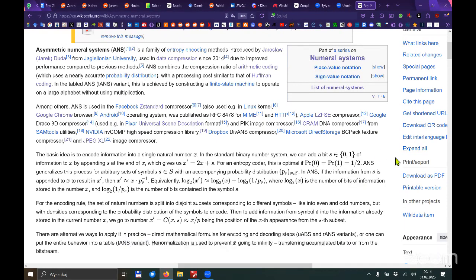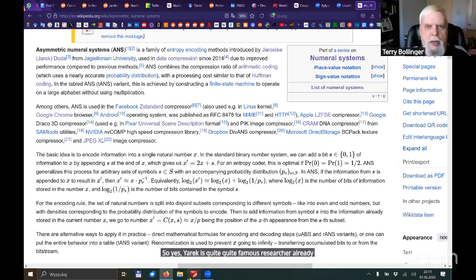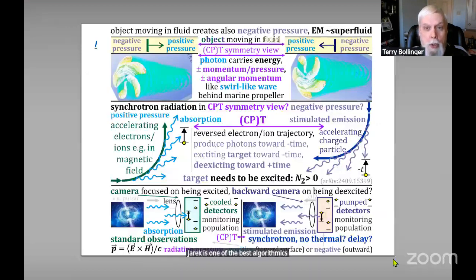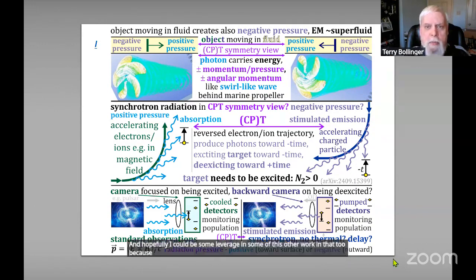So yes, Jarek is quite a famous researcher already. Jarek is one of the best algorithmists in the world. Jarek, you've done stuff I haven't seen from anybody, so it's just amazing. And hopefully that could be some leverage in some of this other work too, because I have the utmost respect for what you've done in algorithms.